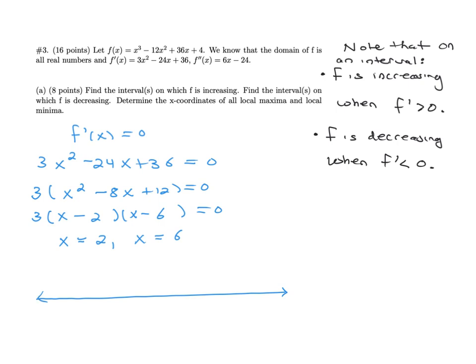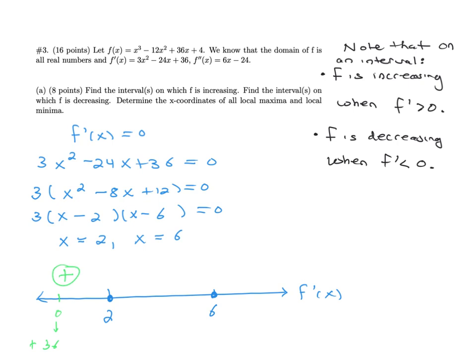So I'm going to draw a number line. This is a number line for the first derivative. It's equal to 0 at 2 and at 6. What I want to figure out is here, here, and here, is the derivative positive or negative. It must be one or the other. So if we're over here, an easy number to check in the derivative would be, for example, 0, and you get positive 36.